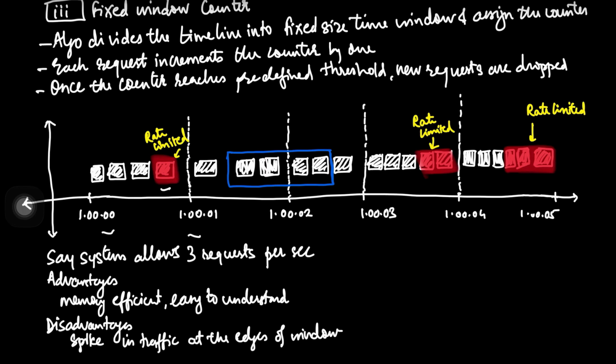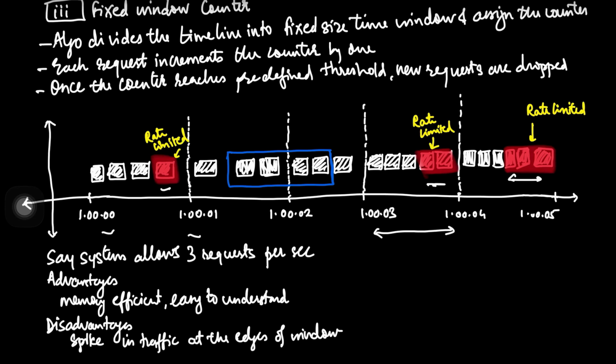We also see that in this time range from 3 seconds past 1 to 4 seconds past 1, these two requests are rate limited as well. And similarly in the next window, if you see over here, these 3 requests are rate limited.